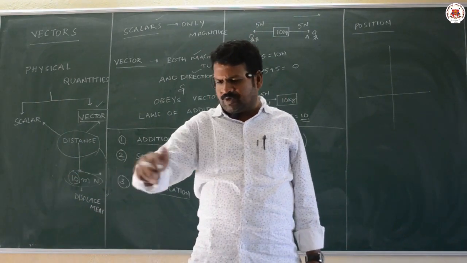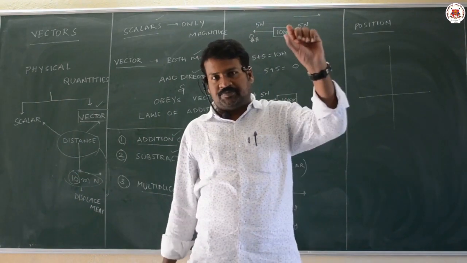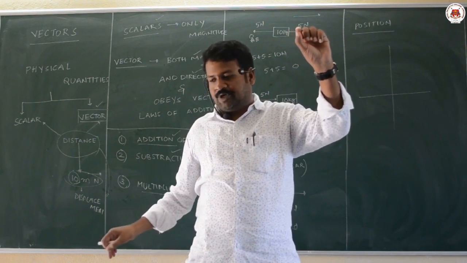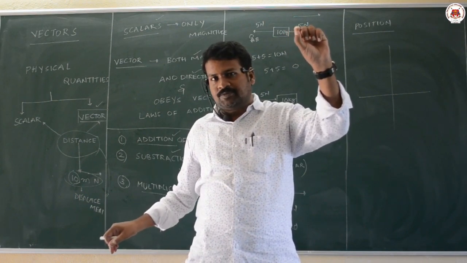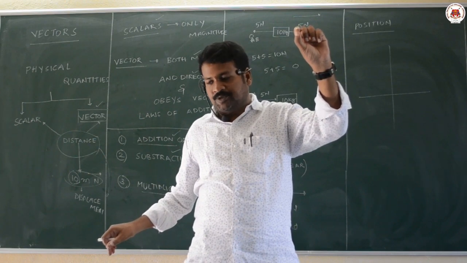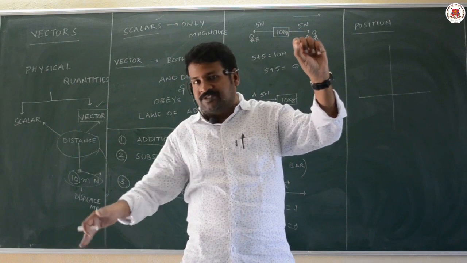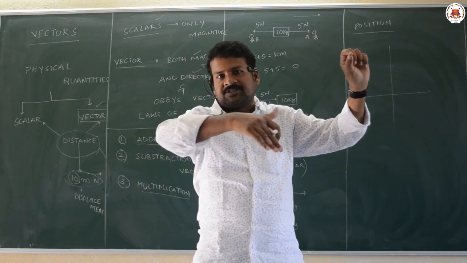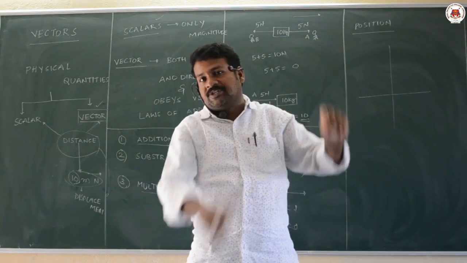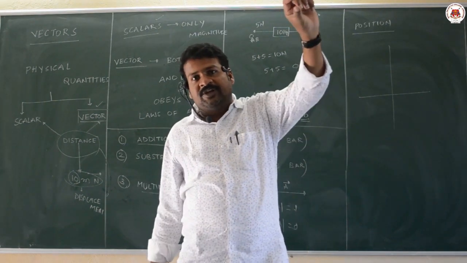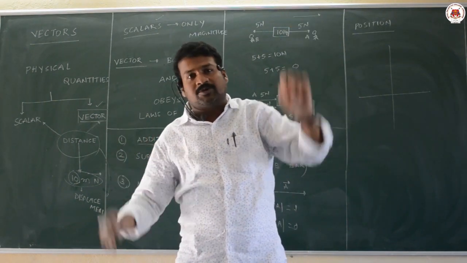Now how can you represent its position from the starting point? If you take the starting point as 0, 0, 0, it has completed 4 meters along the x axis, 4 meters along the y axis and another 4 meters along the z axis. So that position we will write as 4, 4, 4.